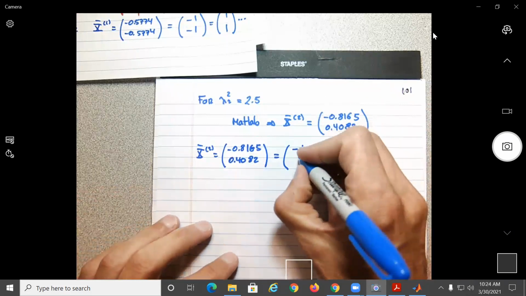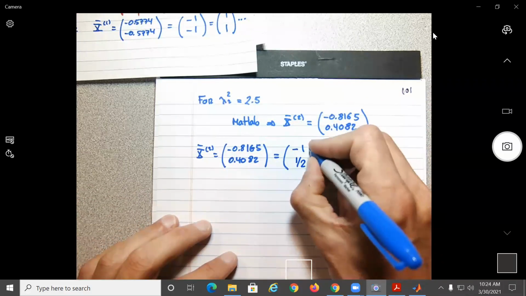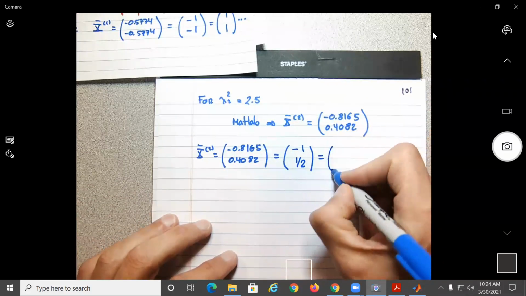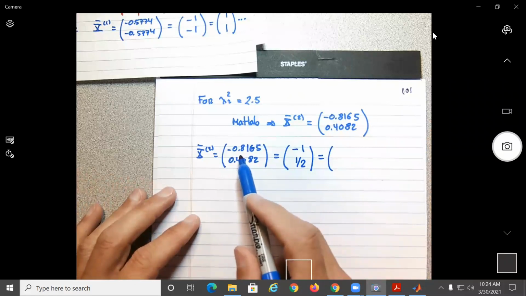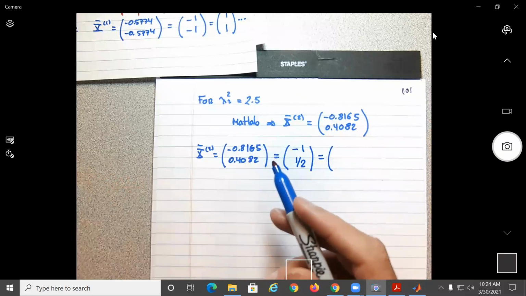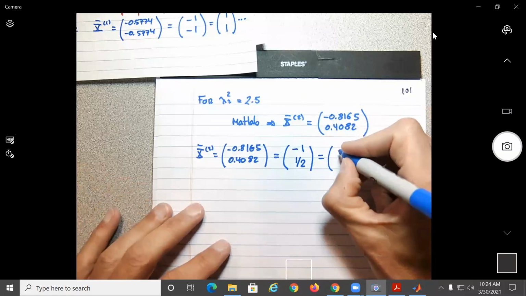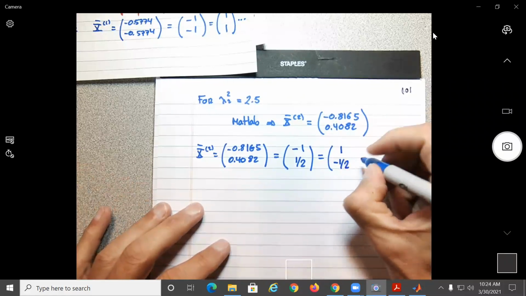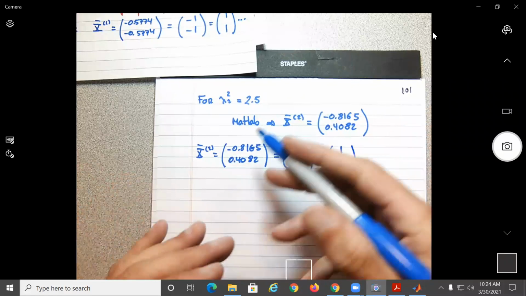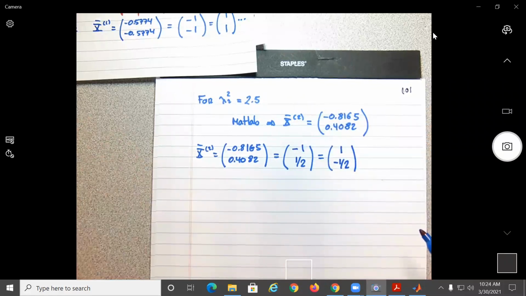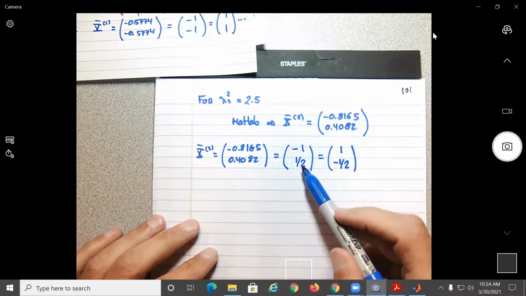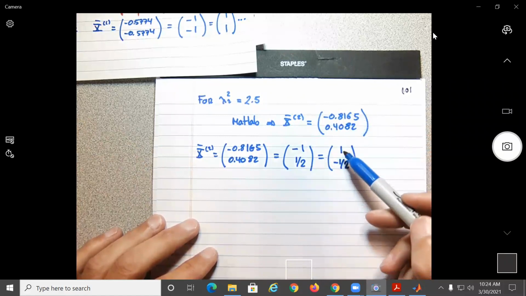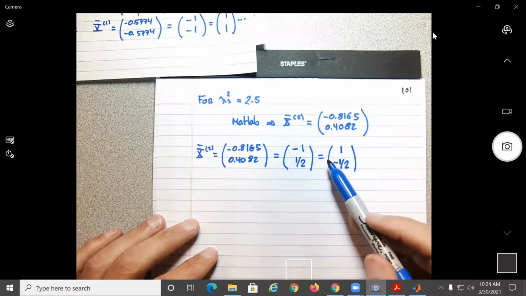So what will you get? Minus 1, 1/2. But what could you have done? You could have divided by negative 0.8165, no? Both of them. Then what will you get? 1, negative 1/2. Or you could divide by any combination that you want. Okay? This answer here is as correct as this one or this one. What is the difference here? It's a different normalization, no? You normalize with a constant.